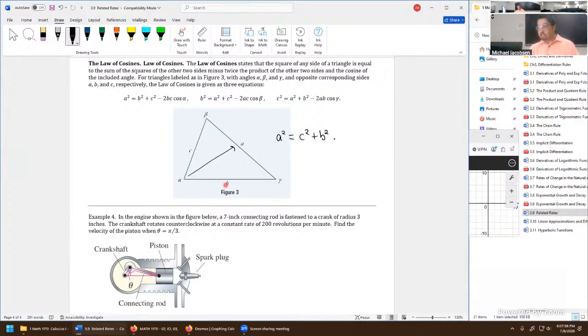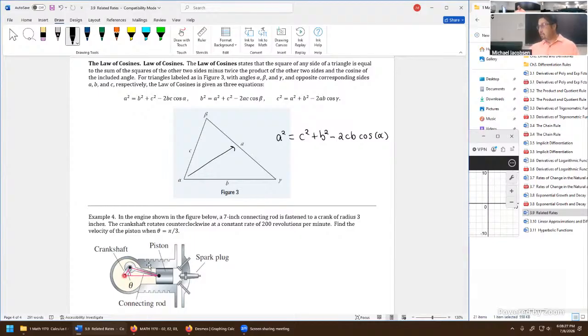That looks like Pythagorean's theorem, but then law of cosines says the true measurement here for A squared is take away 2 times C times B, times cosine of that angle alpha. So we'll do it again down below here, but that's the big punchline. It works for any one of the angles you decide to measure. I focus on alpha just because our theta seems to be in the position of alpha in the diagram above.